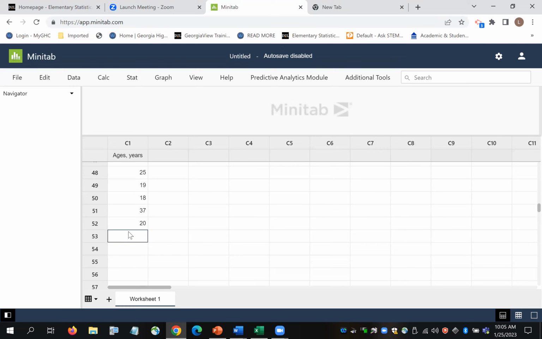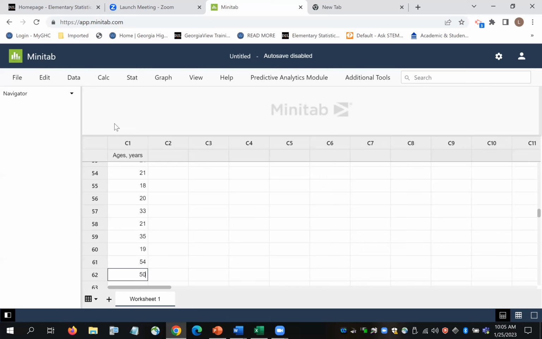So I'm on the last column that starts with 24. I would just type with my fingers 24, 21, 18, 20, 33, 21, 35, 19, 54, and 50.